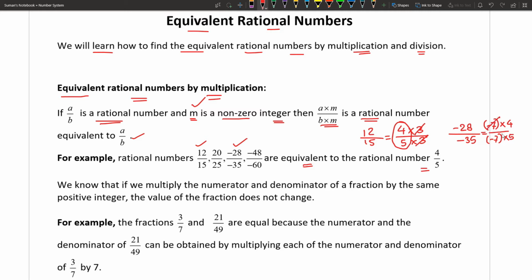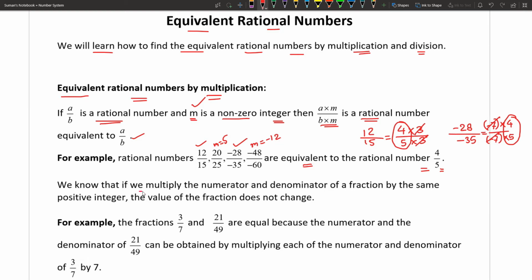So that minus 7 is a non-zero integer. So we can divide by minus 7 from both numerator and denominator, and we get the result as 4 by 5. In the case of 20 by 25, the m was 5. And in the case of minus 48 upon minus 60, that m was minus 12.